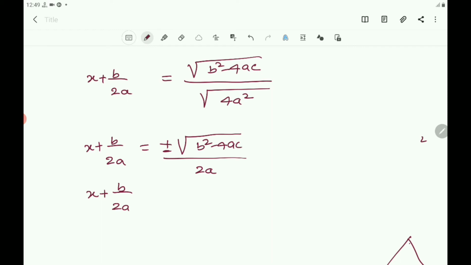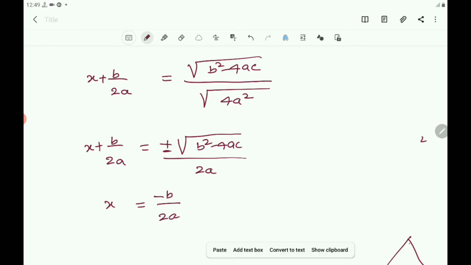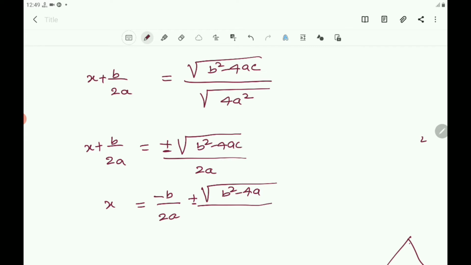Here you write x, that equals, transfer that b by 2a to the RHS, because we have to solve for the value of x. Then it becomes minus b by 2a plus or minus square root of b square minus 4ac by 2a.